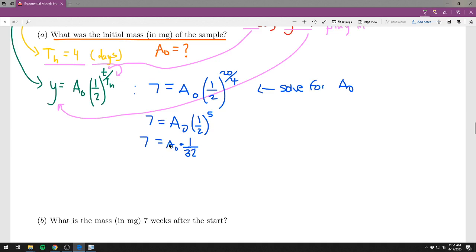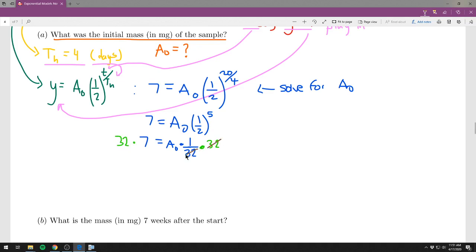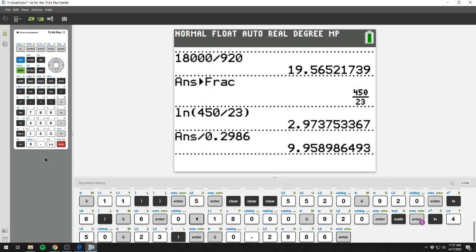And then to finish getting A0 by itself, we multiply by 32 on each side, and that'll take care of that. We'll have A0 by itself because the 32's cancel. And on the right side, we have just A0. On the left side, 32 times 7. If you want to type that in your calculator, which I will just to be super sure, it should be 224.